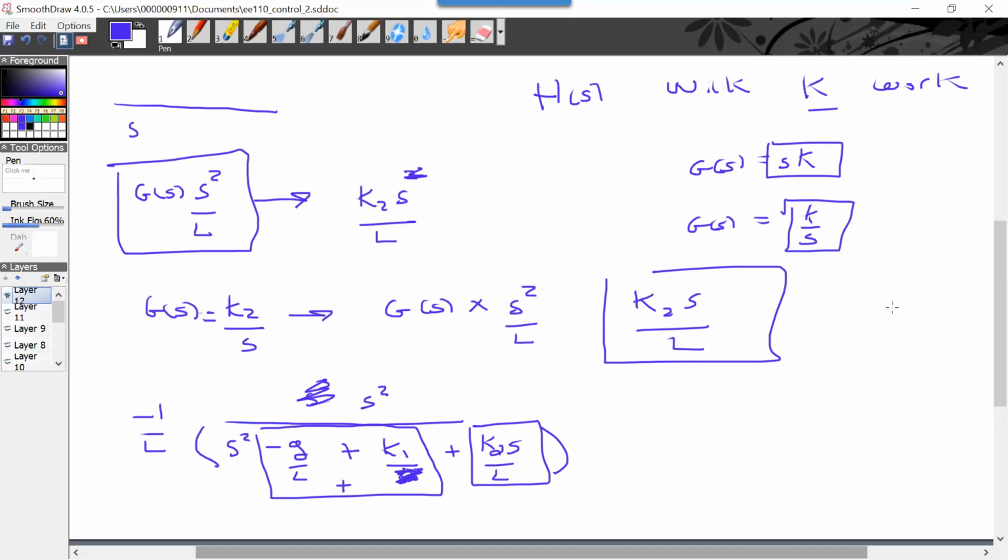Now then proportional plus integral plus derivative, well then you start adding them. So proportional plus derivative, you would use that. Proportional plus integral, right? PID, K1 plus K2 over S, plus S K3.